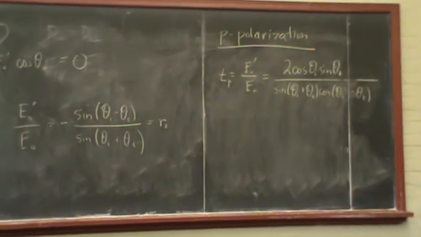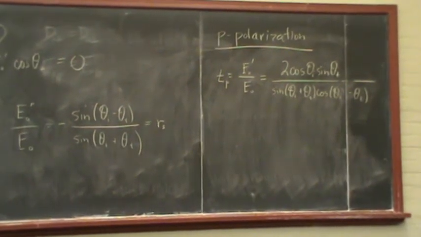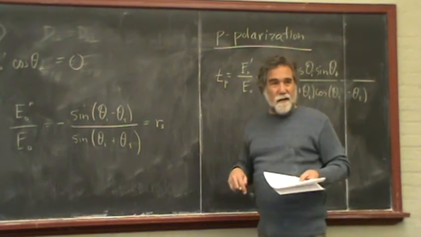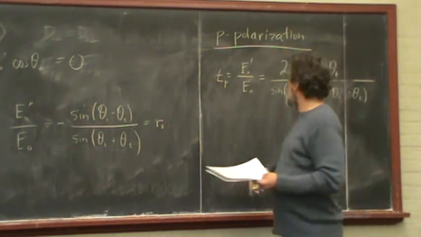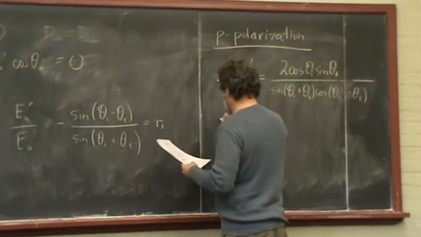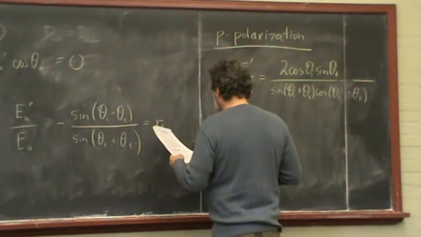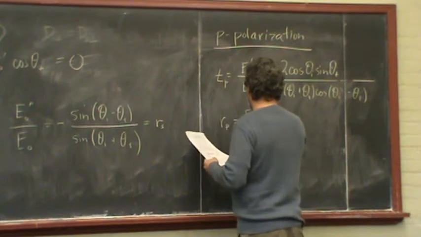And there are lots of other ways to rewrite that, just doing trigonometric identities to make it easier to calculate. And the p reflection coefficient looks like this.